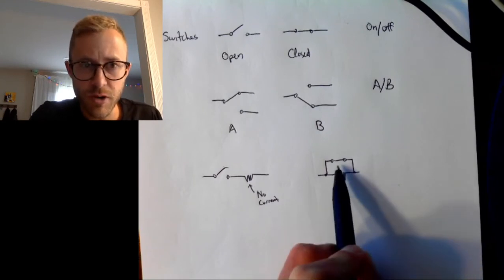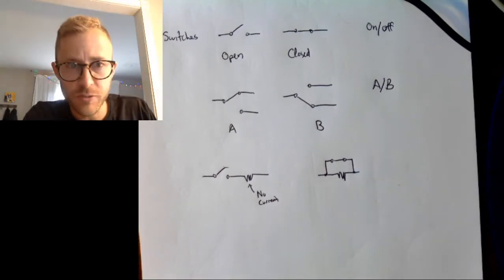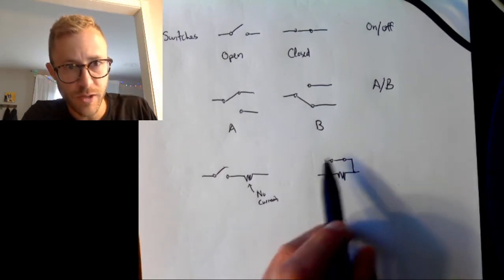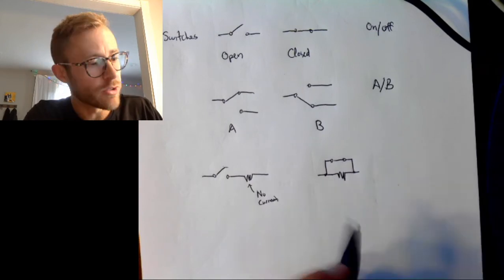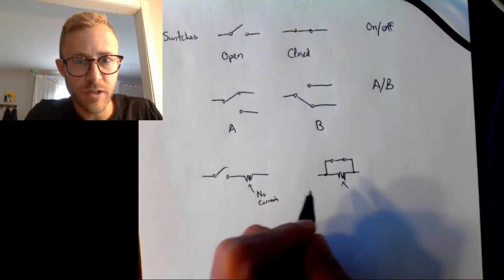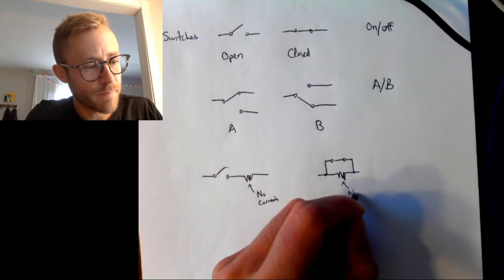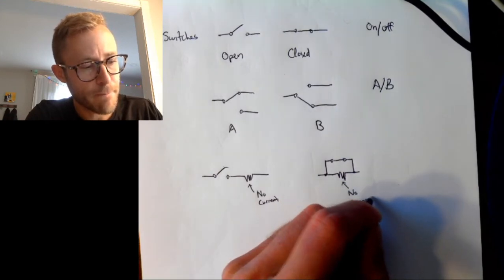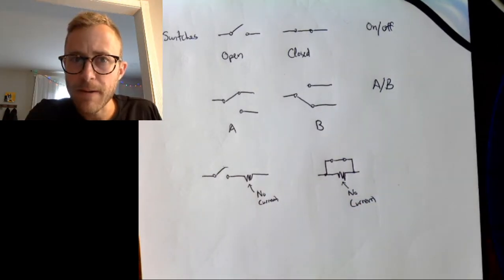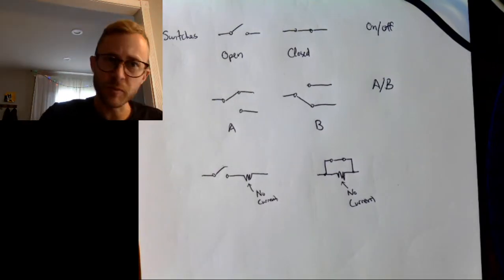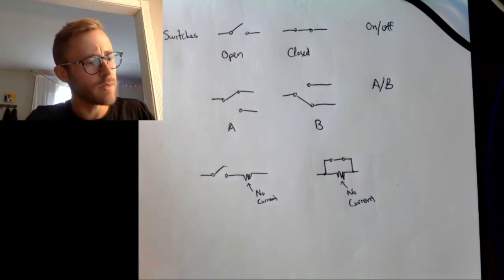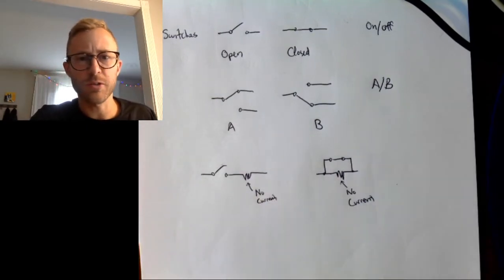When the switch is closed, this resistor is short-circuited. So in this case as well, the resistor gets no current. Okay? So let's do some examples. And by the way, these are both with on-off switches.